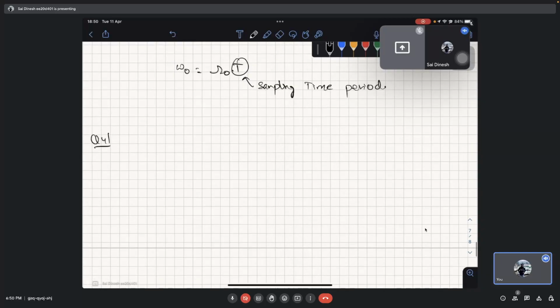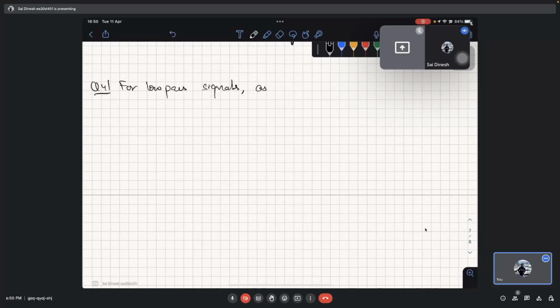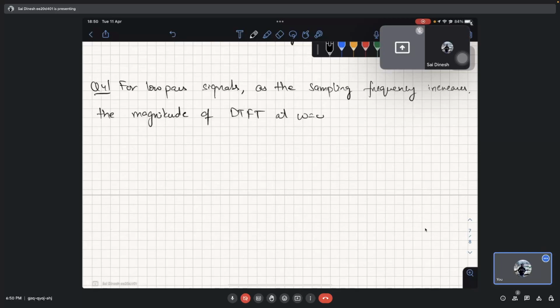So based on this, I guess you have got the answer. Question 4 is, for low pass signals, as the sampling frequency increases, the magnitude of DTFT at omega 0 increases.